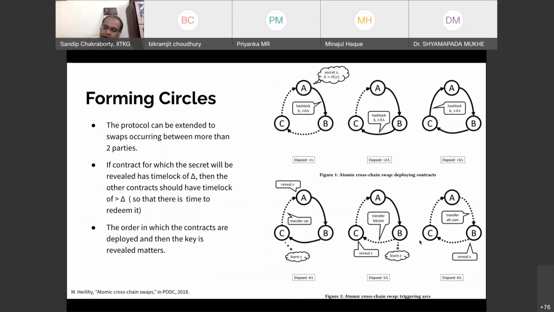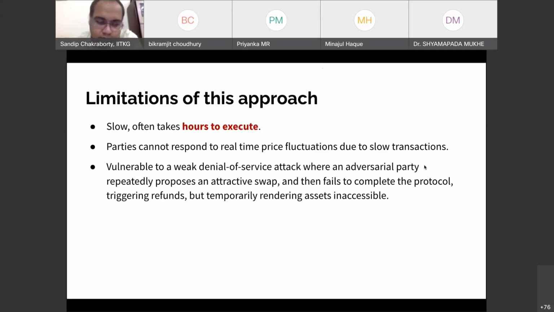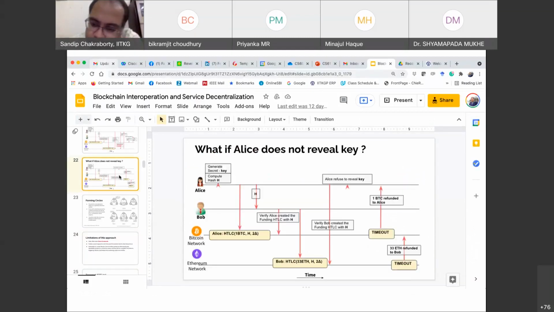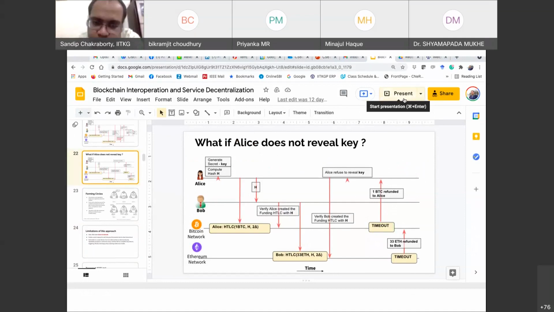Sure. As you showed in the previous slide, the entire transaction where Alice sent 1 Bitcoin to Bob, the entire scenario shows a cycle, right?